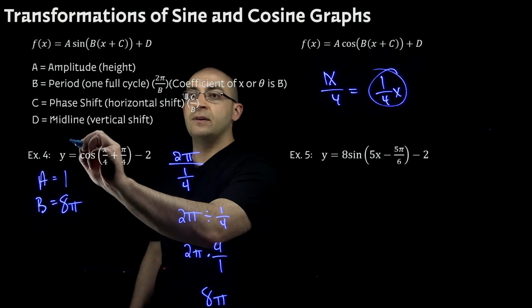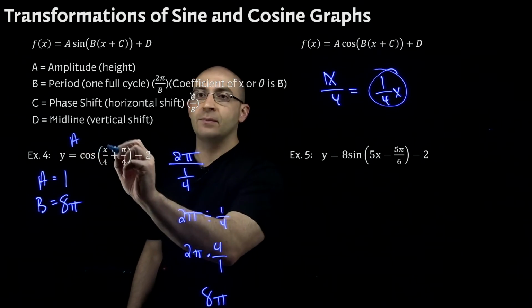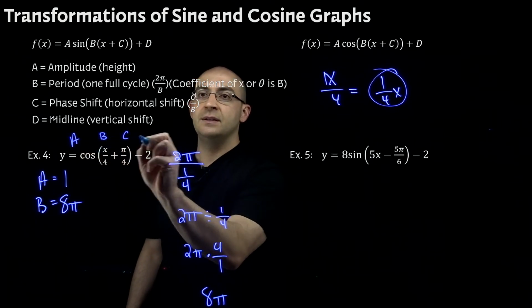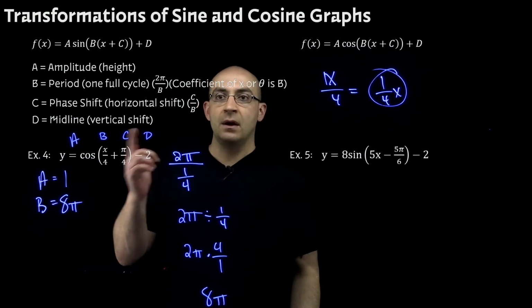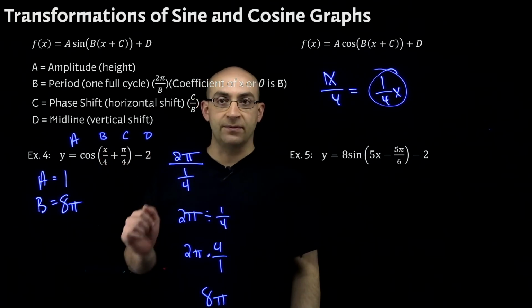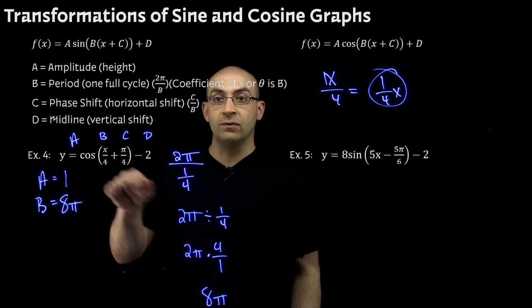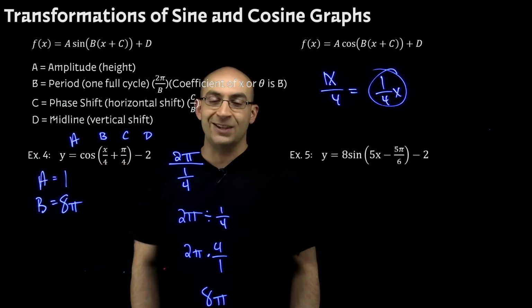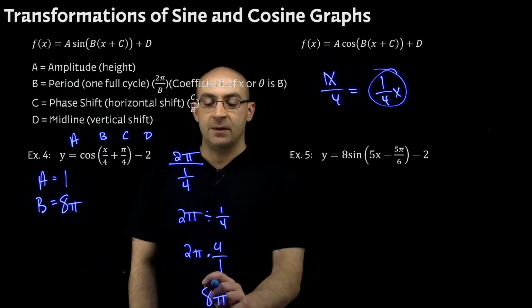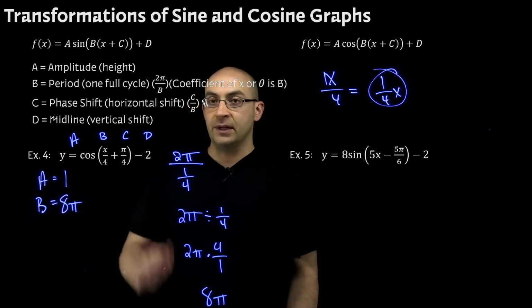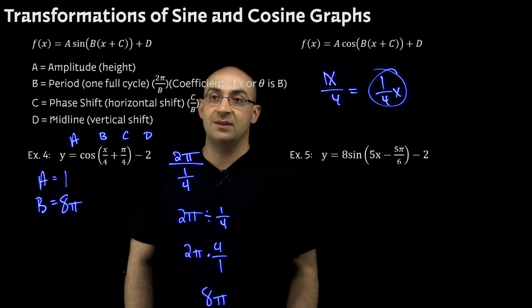If we want to write our letters over our numbers, A, B, C, and D. Now, again, the b value is 1 over 4. So I have to divide 2 pi by 1 over 4. We do it the long way, just so you can see it in fluency, and we have 8 pi. The period is 8 pi for this function.